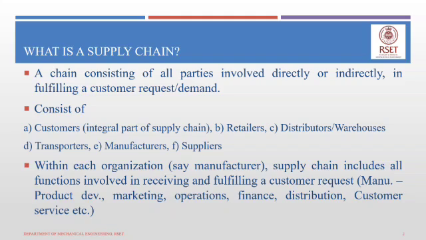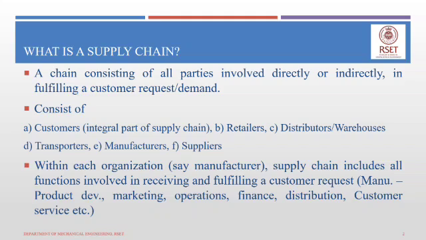So the starting point of a supply chain is basically the customer. The customer is the one who actually triggers a request or an order or a demand. He is the one who actually places an order or places the demand for a product or places a request for a product, right?